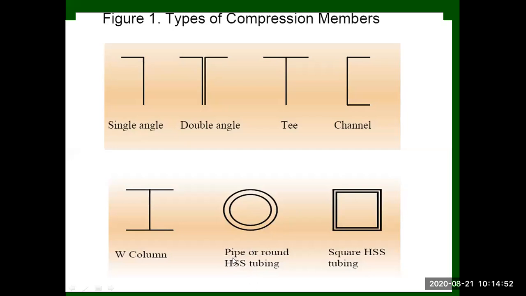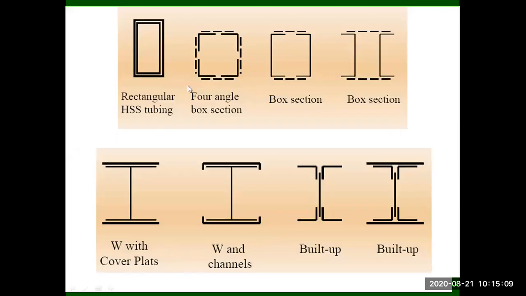It may be square or rounded. Here they have written square HSS, meaning hollow steel section. A circular or rectangular tube we can use as a compression member. Again here a rectangular hollow steel section we can use as a compression member.